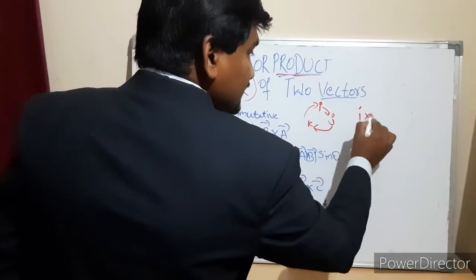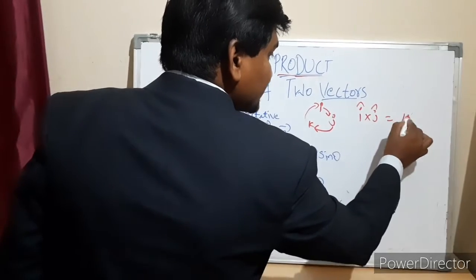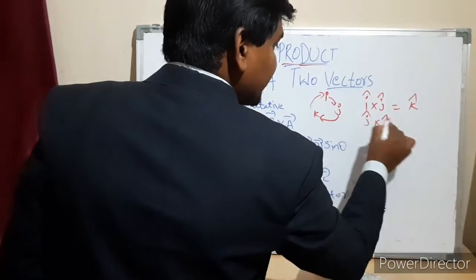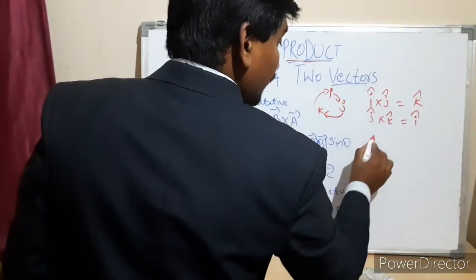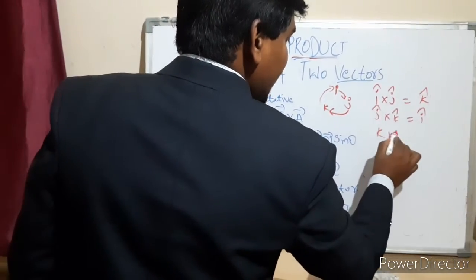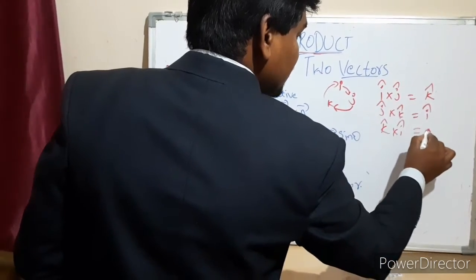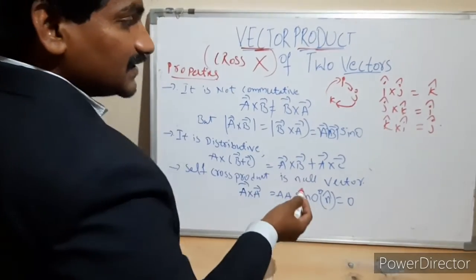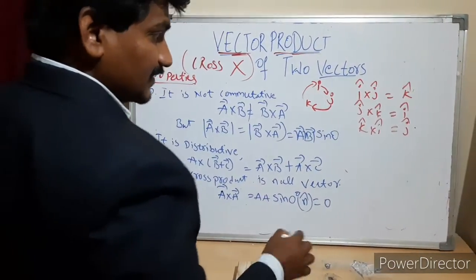i cross j gives us k. j cross k gives us i. And k cross i gives us j. But if you do it in the opposite order, it becomes minus.